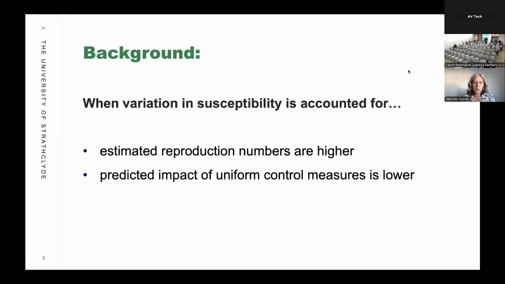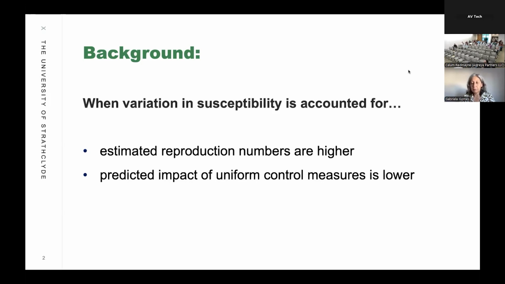When variation in susceptibility is accounted for, we find that we systematically estimate reproduction numbers to be higher, and we predict the impact of uniform control measures to be low.